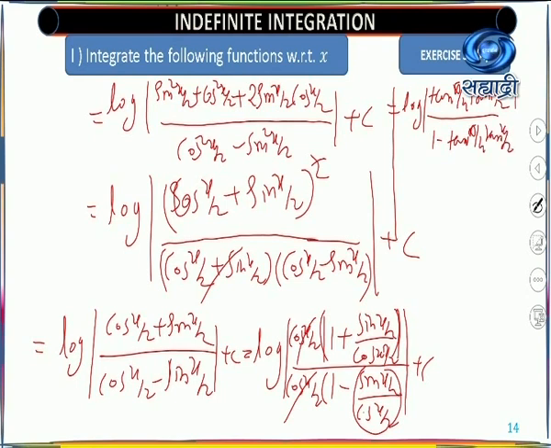This is an expansion of tan a plus b. So you will get immediately log of mod of tan of pi by 4 plus x by 2, or x by 2 plus pi by 4. I told you to do this at home, but I decided to take this again because that is a formula.